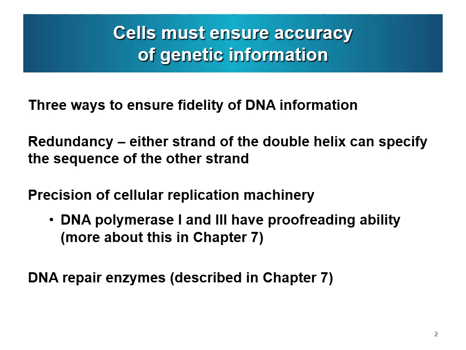One is redundancy. Either strand of the duplex helix can specify the sequence of the other strand. Then also the precision of cellular replication machinery, where DNA polymerase 1 and 3 have proofreading ability, and we will talk about this in more detail in chapter 7, where the 3 to 5 exonuclease goes back, removes the DNA and makes it again.